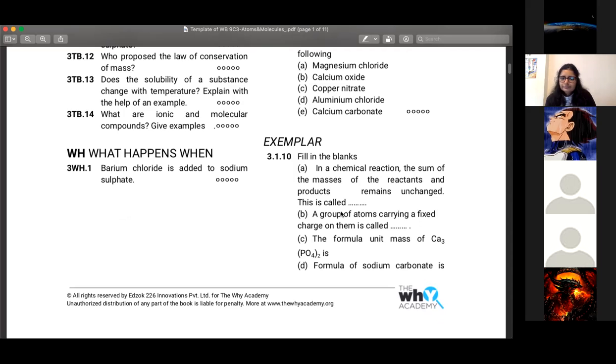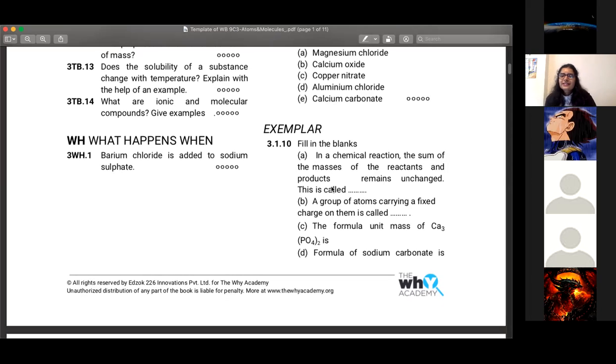Ma'am, it is law of conservation of mass. Very nice. Sujal got it. Suhani and Ashka also sent it. Samriddhi also got it. Good stuff. He was supposed to answer, but you could send it on chat. If you know the answer, just send it on chat.